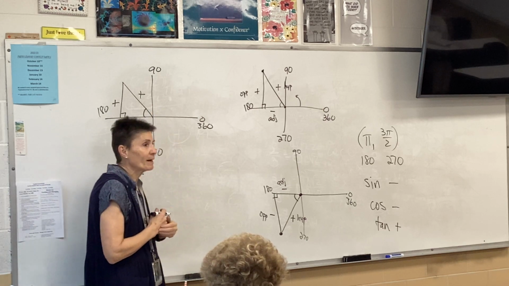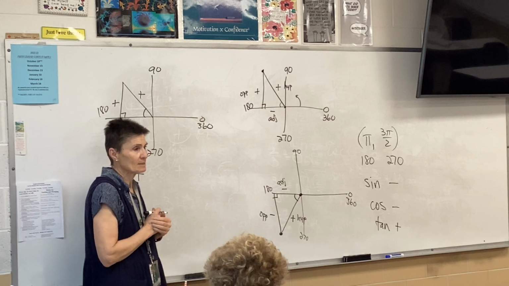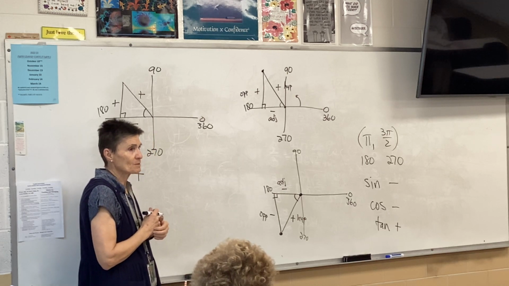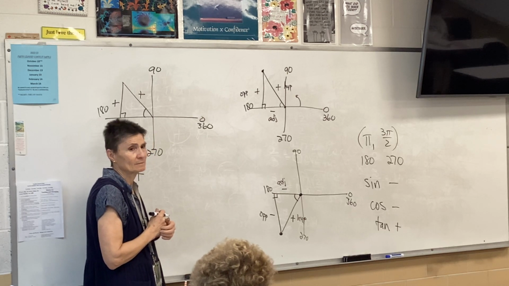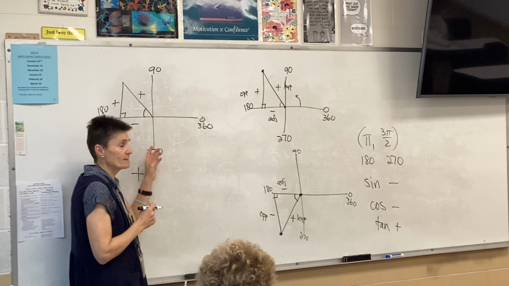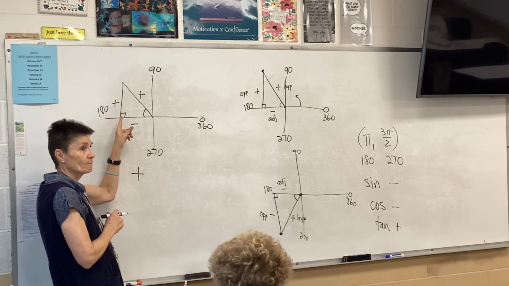All right, what about 8 pi over 9? Can you figure out how many degrees that is? What do we do to figure out how many degrees that is? 8 times 180 divided by 9? 160. 160? Where's 160 in my setup here? Oh gosh, is it the same place, basically?